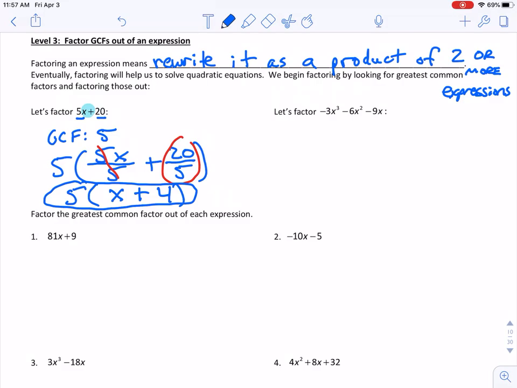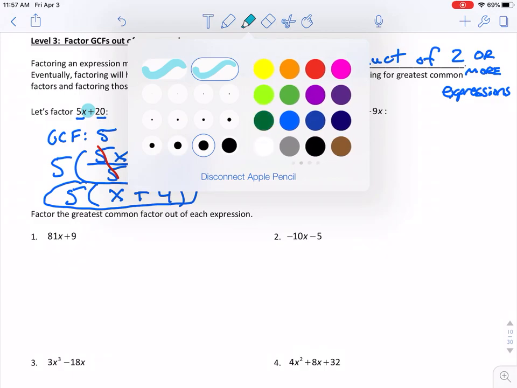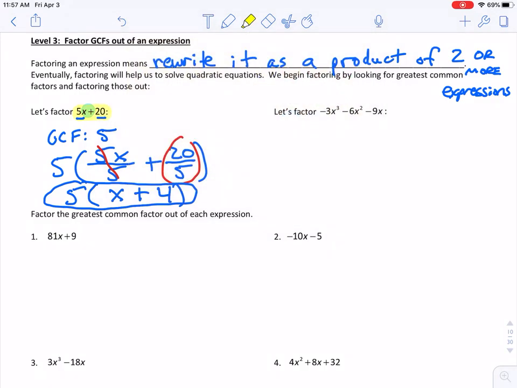Now keep in mind that the two expressions we got here, let me change colors, the beginning expression and the ending answer, are equal. Okay, so these in theory should equal each other.